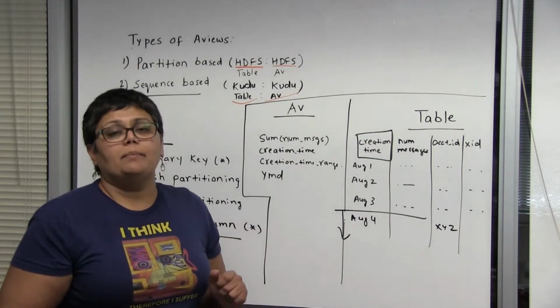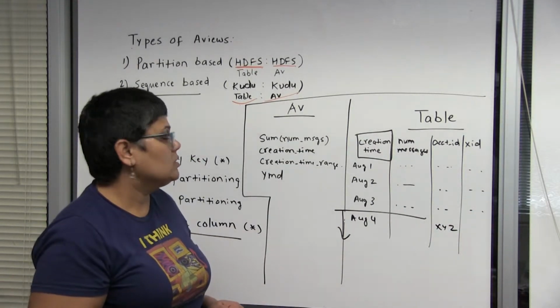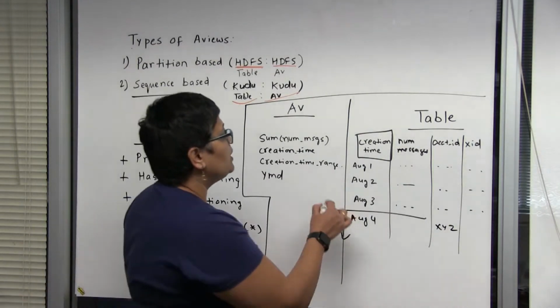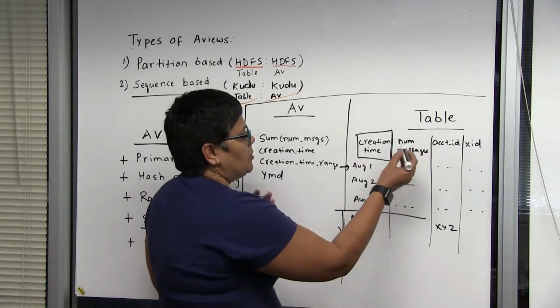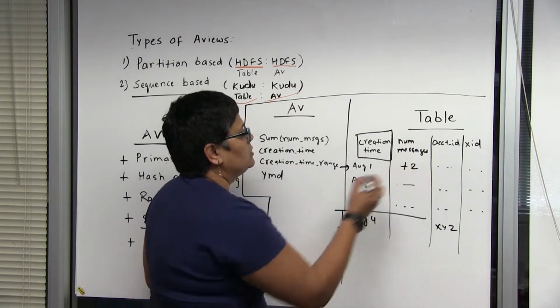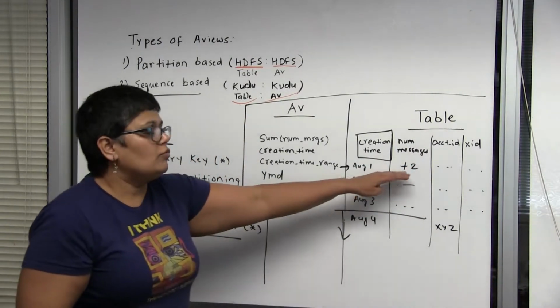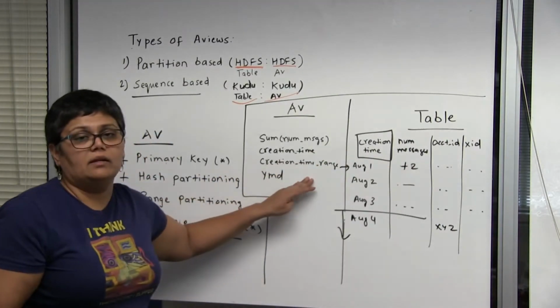Now Kudu allows updates and deletes of the data as well. So it's very well possible that somebody goes back to August 1st and changes something, maybe a number of messages is changed. You would want that change to be reflected in the analytical view.